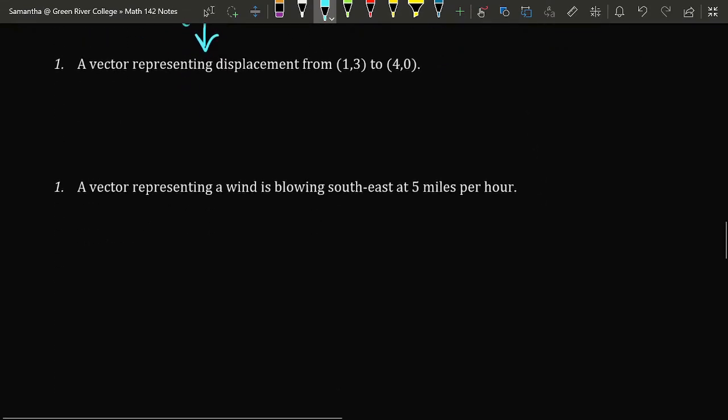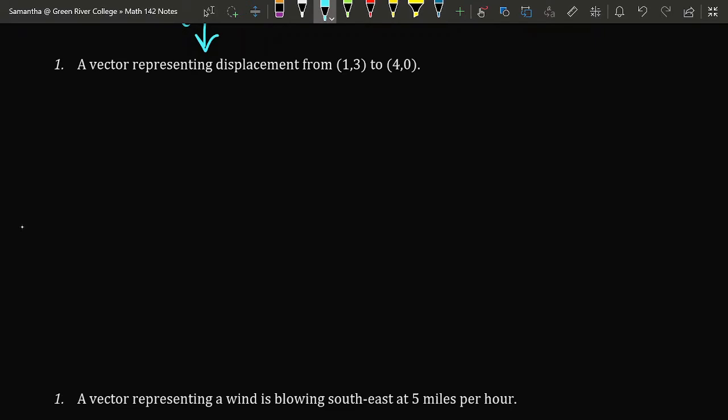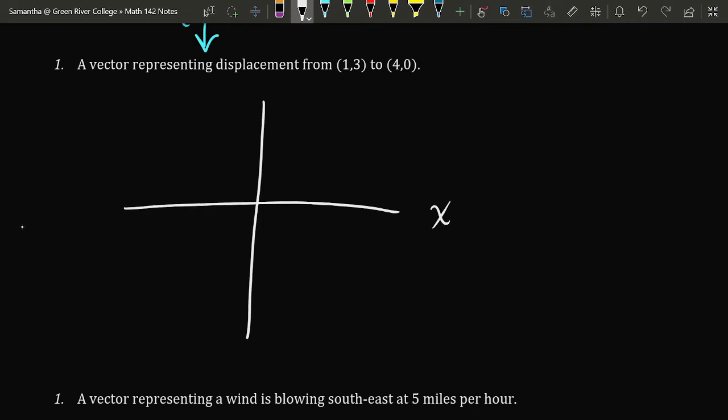What about the vector representing displacement from 1, 3 to 4, 0? Now, this is a situation where I might be inclined to take advantage of the fact that it is not mandatory to draw your vector with the tail end at the origin.